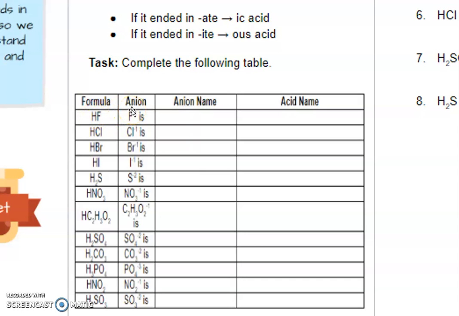You're thinking to yourself, well, I looked at F-1 back when we did cations and anions. That's called fluoride, because you change your ending to IDE. So no oxygen, that means it's called hydro at the beginning, ic at the end, with the word acid after it. Hydrofluoric acid.